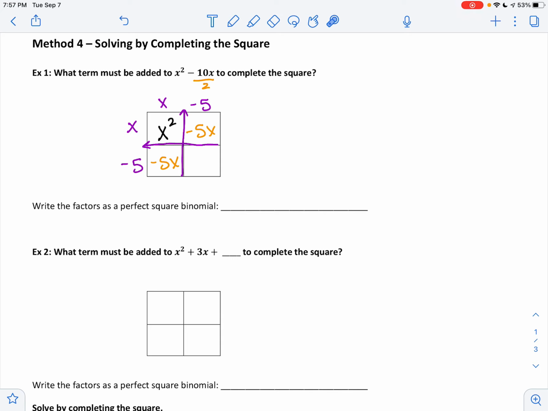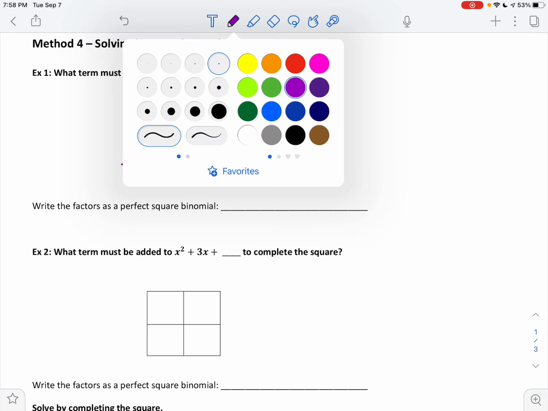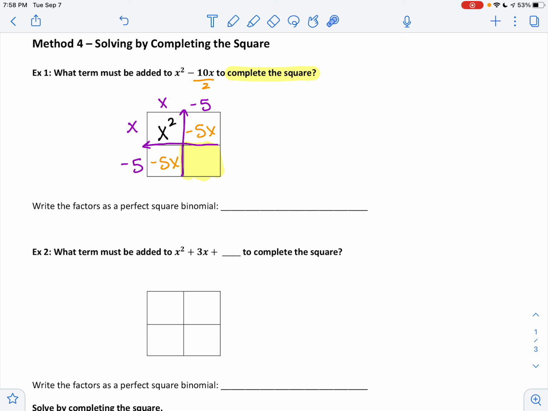But now we want to complete this square by finding the missing number that goes in this box. So we are literally completing this square. To figure this out, we're going to do negative 5 times negative 5. And that's going to give me 25.